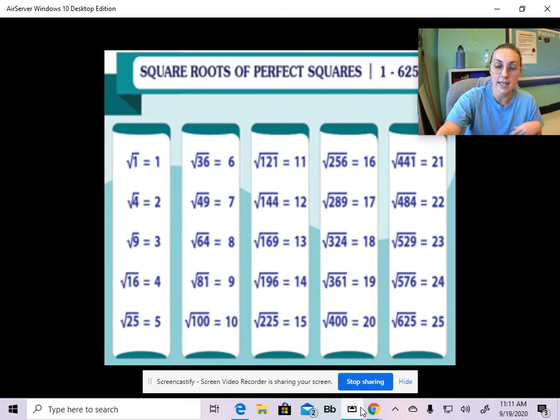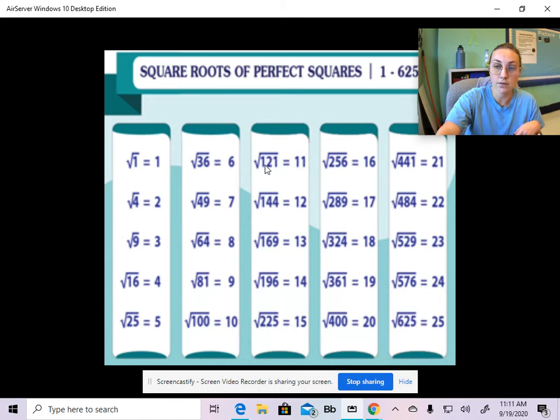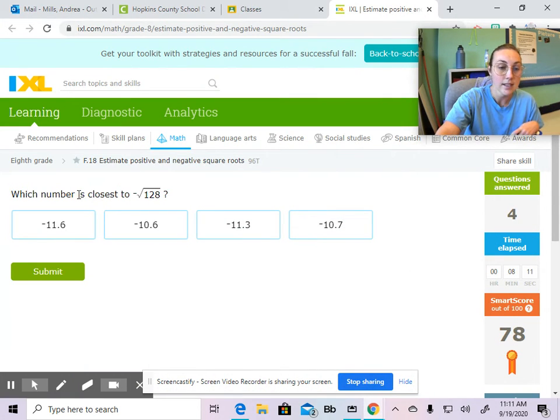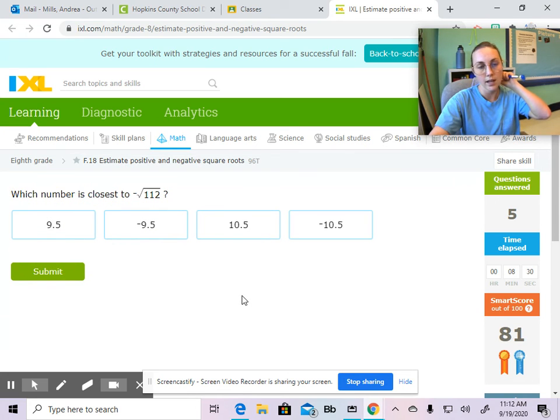So negative 11 and negative 12. It would be closer to the negative square root of 121, though. We do know that. So we can go ahead and get rid of the negative tens because it's not in between those numbers. It's in between negative 11 and negative 12, but again, it was closer to negative 11. So we can say it's closest to negative 11.3, or 3/10.